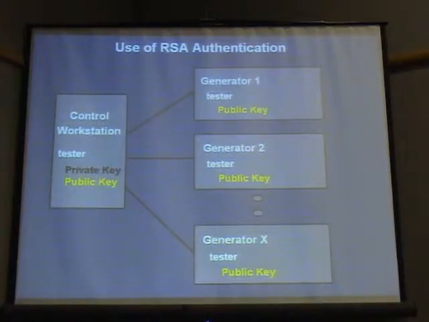What needs to be done is to generate a public key pair, your private and public key, on the control workstation, and then install that same public key on each of the generators. This is a manual step and takes a little bit of time, but you gain from it so that you can run scripts without having to type in an interactive password.